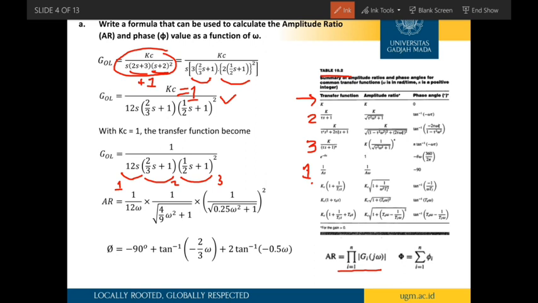For part 1, it becomes 1 over 12 omega, where A is equal to 12, times part 2, where K is equal to 1 over the square root of (2 over 3) squared times omega squared plus 1, times part 3, which is 1 over the square root of (half) squared times omega squared plus 1, and we square it where n is equal to 2.